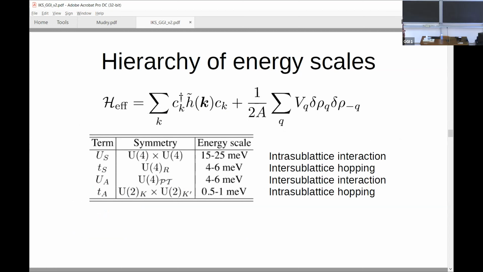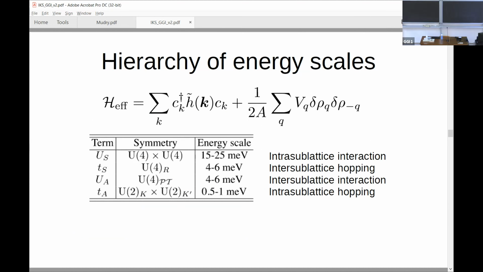So just to present you the energy scales on which these different symmetries are broken. The largest energy scale is the energy scale of the interaction piece, which just includes the intra-sublattice interaction. And then there are these two perturbations that I mentioned before.